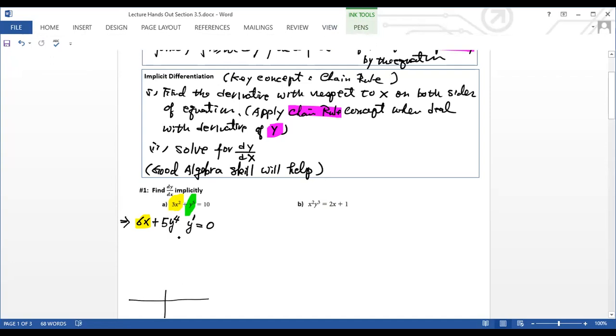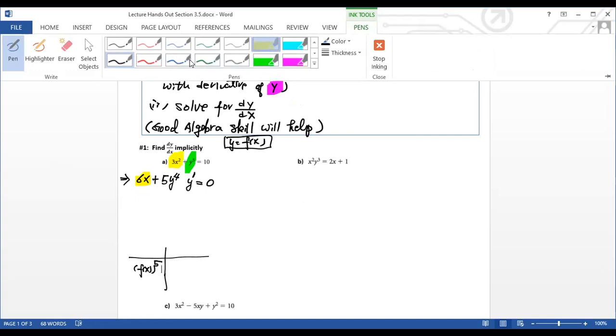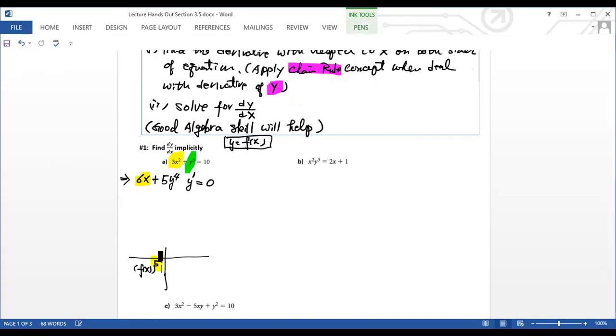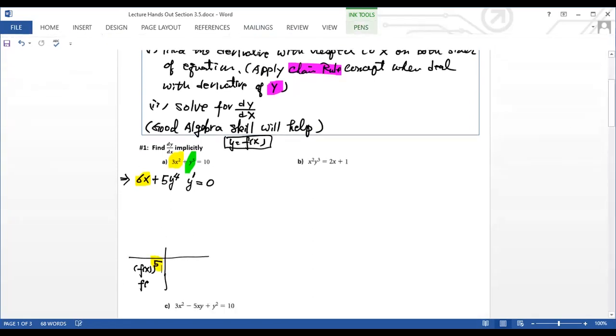Okay, so let me do a little table like we always did before. Just for the y to the fifth here, remember y is equal to a function f of x. I just don't know how to write it, but that is. So the first layer will be f of x to the fifth power, right? This is my first layer, the power rule. And then my second layer here is f of x.